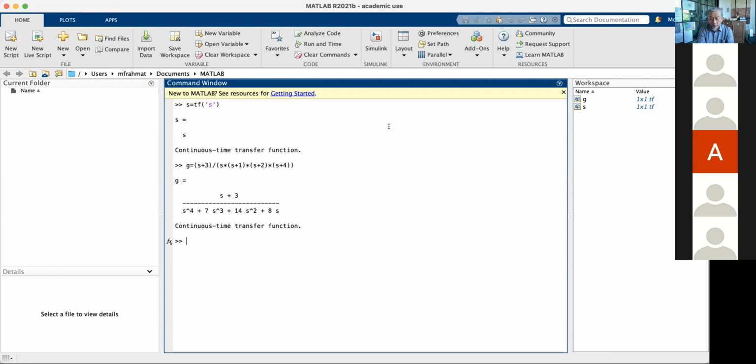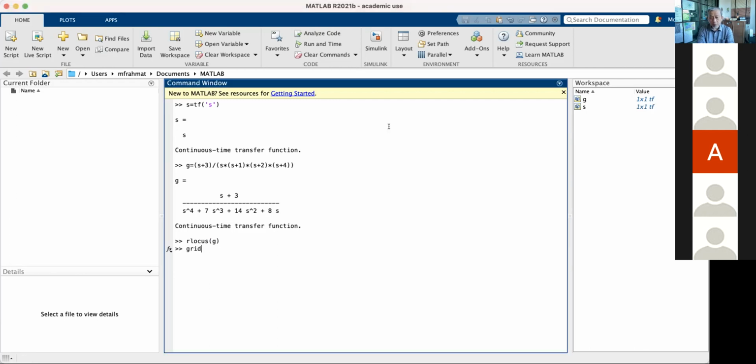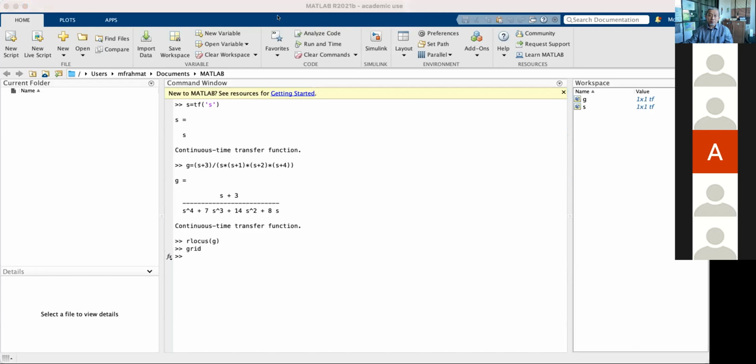And then rlocus. Okay, and then grid. Can you see the root locus? Guys, can you see the root locus? No. Why?